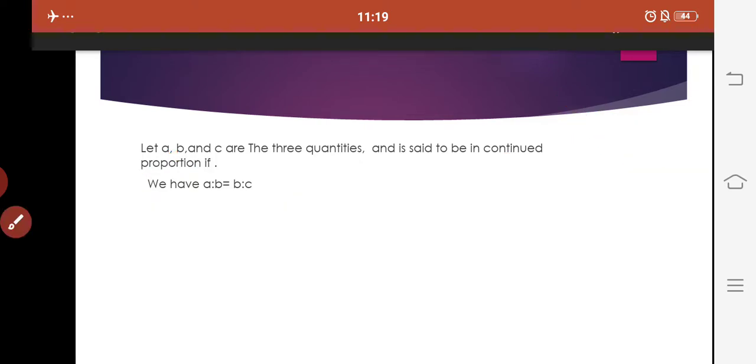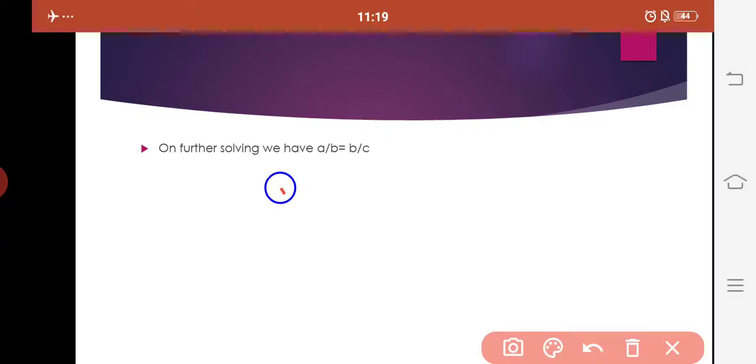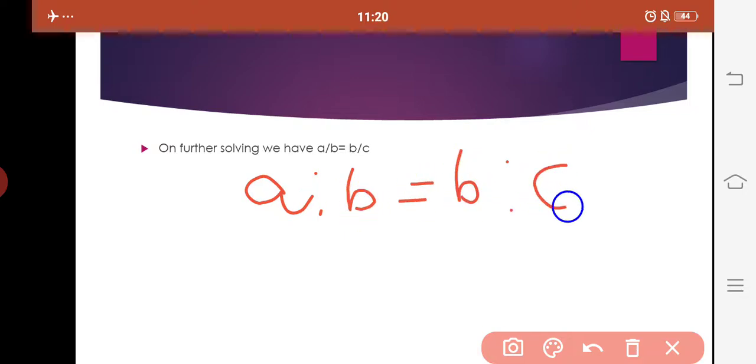Is that clear? Now, A ratio B is equal to B ratio C. This is the condition for continued proportion, where A is the first term, B is the second term and C is the third term.